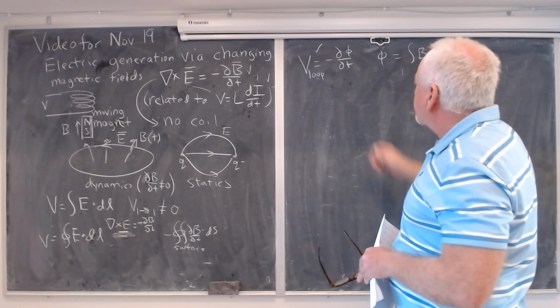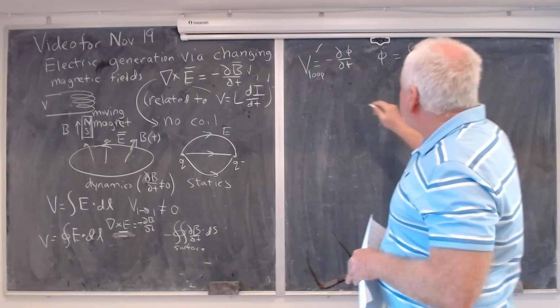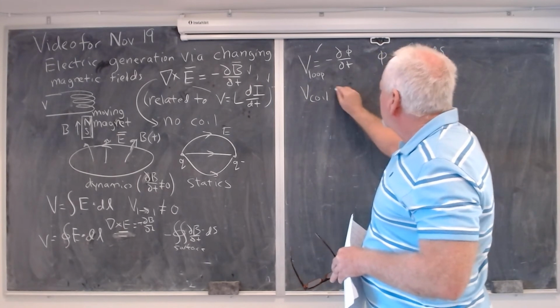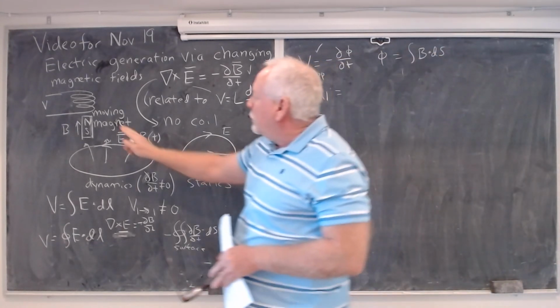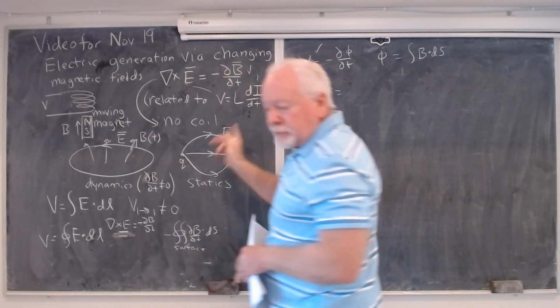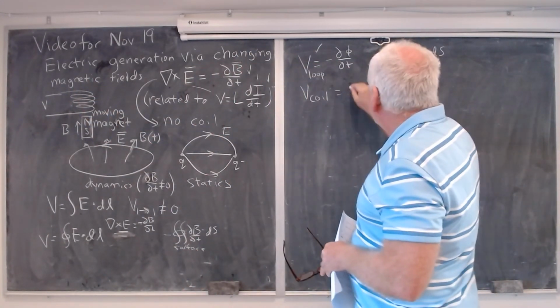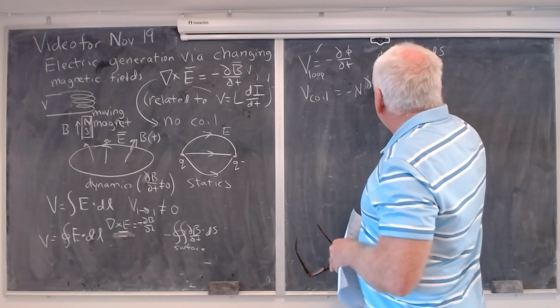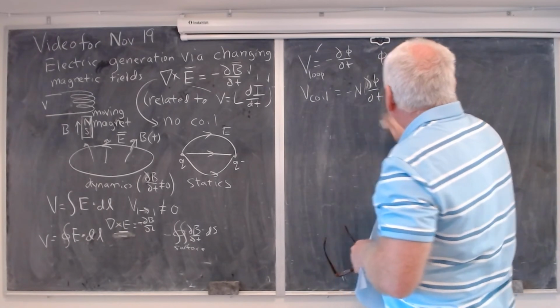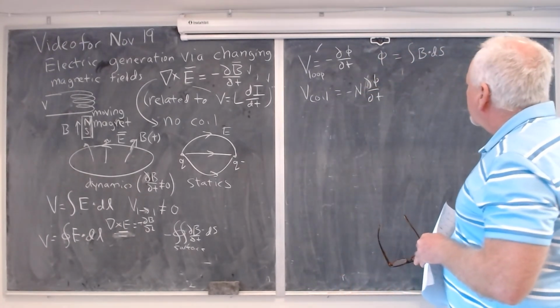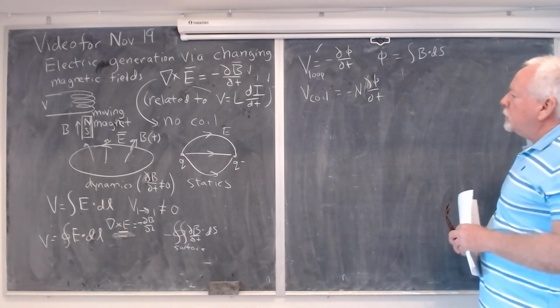All right, so now we can extend this, because now let's go to the coil. Well, if we assume that this coil is tightly wound, all we do is just add them up. It's then just N dphi/dt.